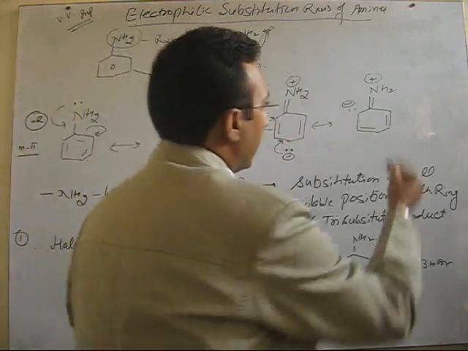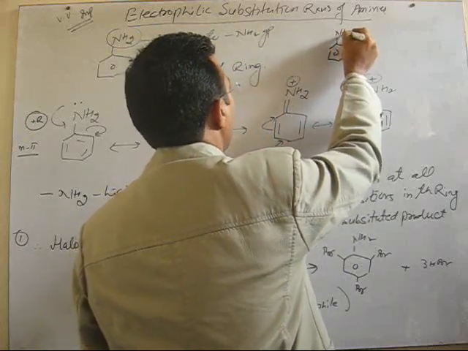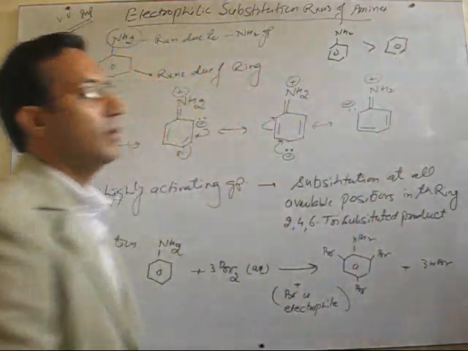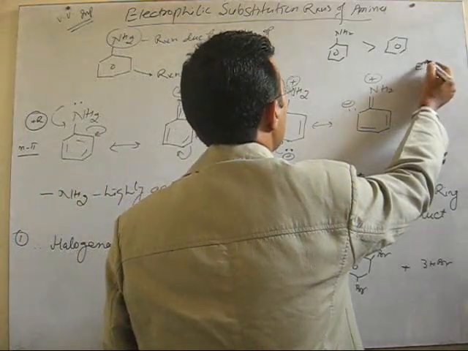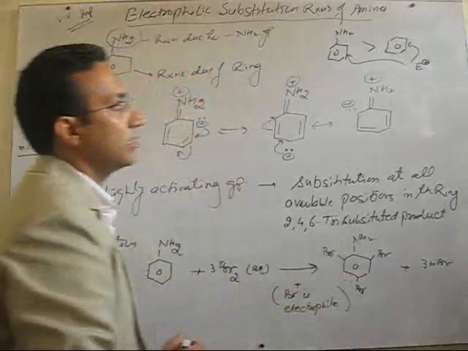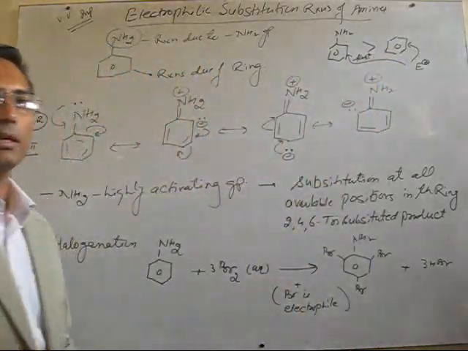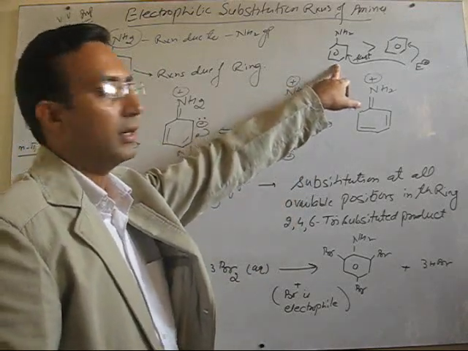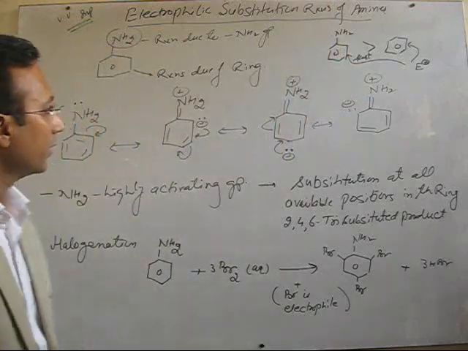As a result, aniline is more reactive than benzene towards electrophilic substitution reactions. For example, if an electrophile E positive is to attack the ring of aniline or of benzene, this step is a very fast reaction in the case of aniline, because there is a very high electron density in the ring when the NH2 group is attached.